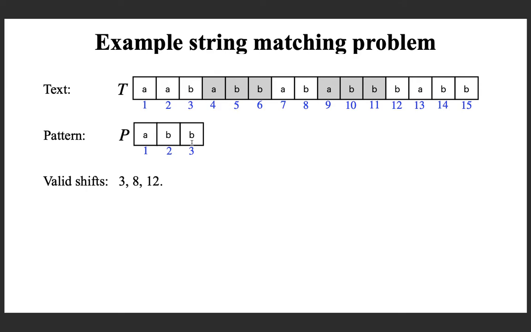And why is it a valid shift? If you look at the next 3 symbols after 12, it is the pattern. So, the occurrences of the pattern are represented with valid shifts, and here 3, 8 and 12 are valid shifts.